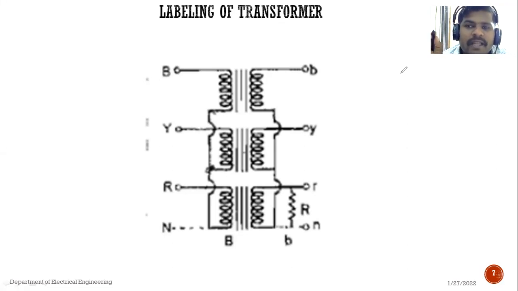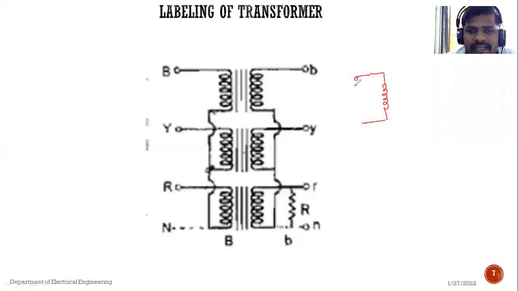While doing the labeling, it is important to identify whether the terminal is on the primary side or on the secondary side. So the primary winding, each phase contains two terminals, that means on the primary side there are 6 terminals, and on the secondary side there are 6 terminals. Suppose we construct the transformer using a bank of 3 single-phase transformers.